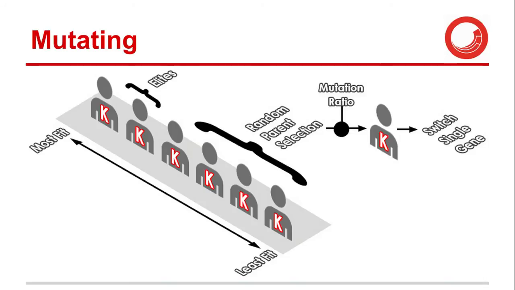So again, here we have mostly the top, the least fit, and it's taking the random selection from the proletariat, and it does the same process where it says, pick a random number from 0 to 1, and if that number is less than the mutation ratio, which is 0.1, so it's a low probability, then switch a single gene, and on it goes. This happens at the same time as mating, so they're both occurring at the same time.